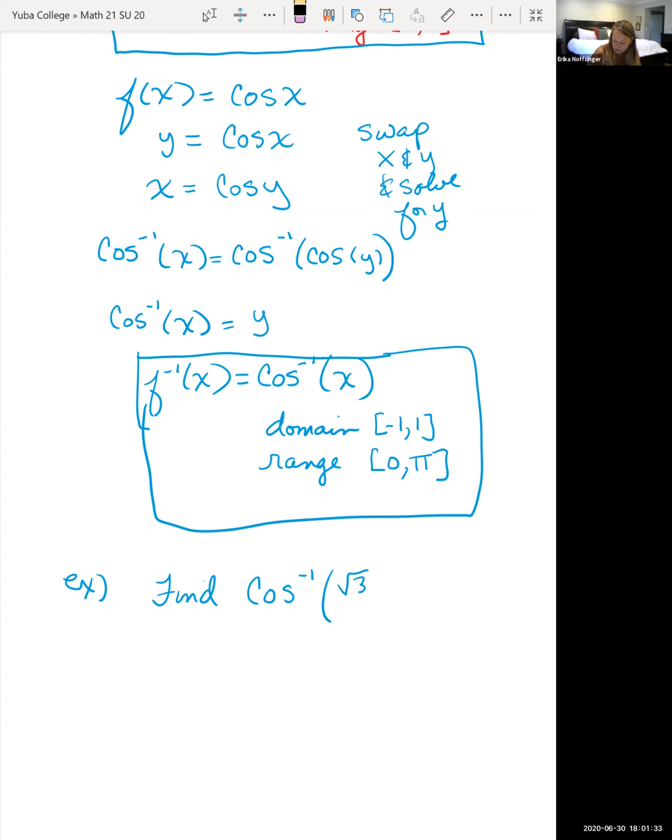Okay, so you got to think backwards. What angle gives you back root 3 over 2?